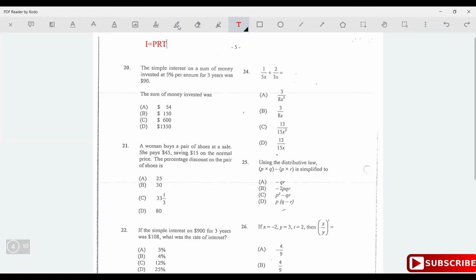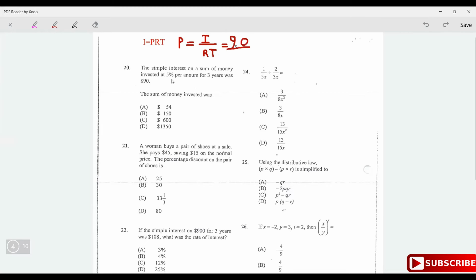So to make the principal the subject from this, you can see that the principal would be equal to interest divided by rate times time. So P is equal to I over RT. All right, what is the interest? $90. So the principal is equal to 90, and 90 is divided by the rate times the time.